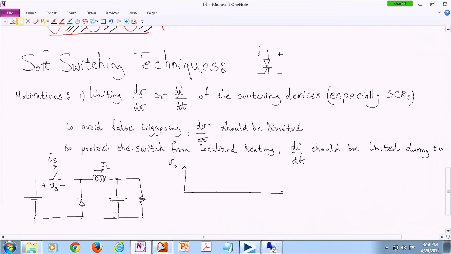So when the switch was on, there was not a significant voltage drop on the switch. But when we turn it off, V in appears. So if you look at dV over dt, which is the derivative of this signal, it's like an impulse. It's a very sudden change, and it may potentially do harm to your switch.